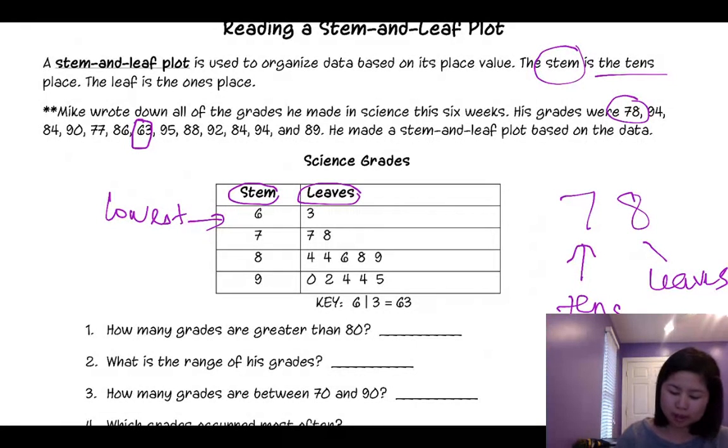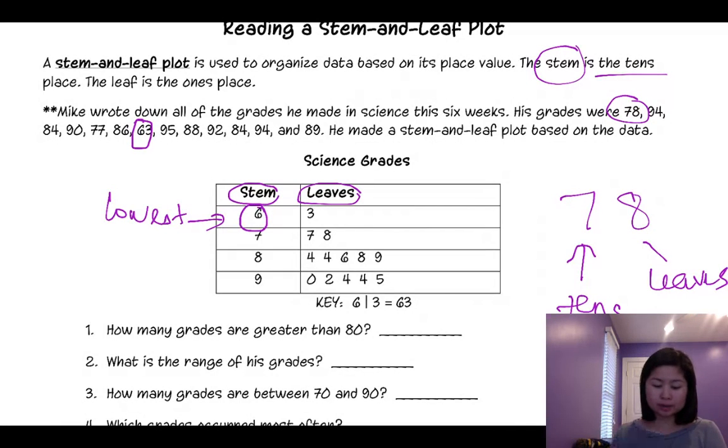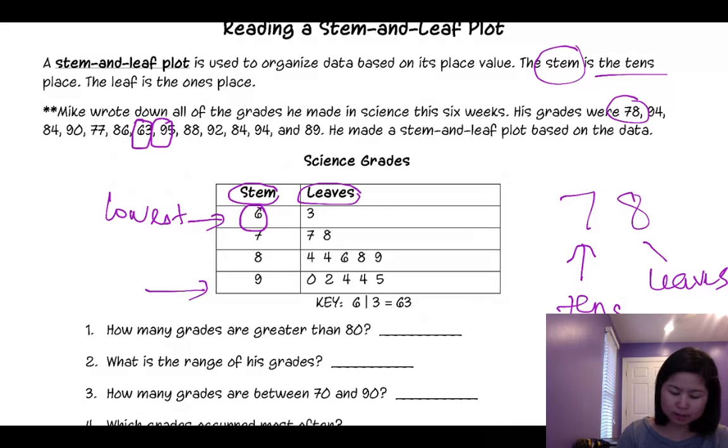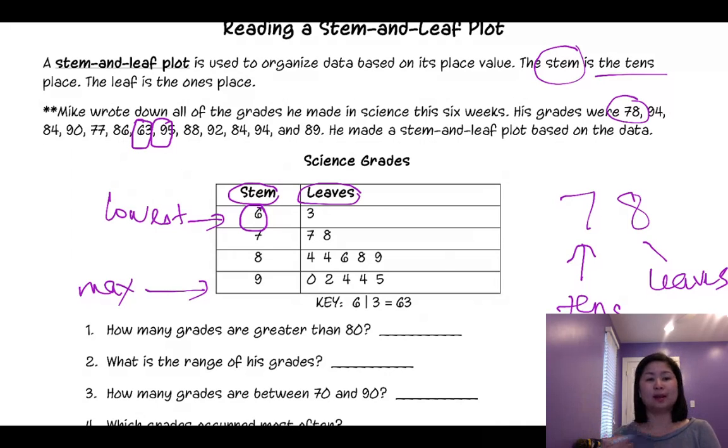So that's why I start with a 6. And then I look at the rest of the values. I see 95 is the highest. I know I'm going to end up with the highest values, right? So this one is 95, so the tens is in the 90s. So I end with 9. In between, you increase: 6, 7, 8, 9. So this is the 60s, 70s, 80s, 90s.